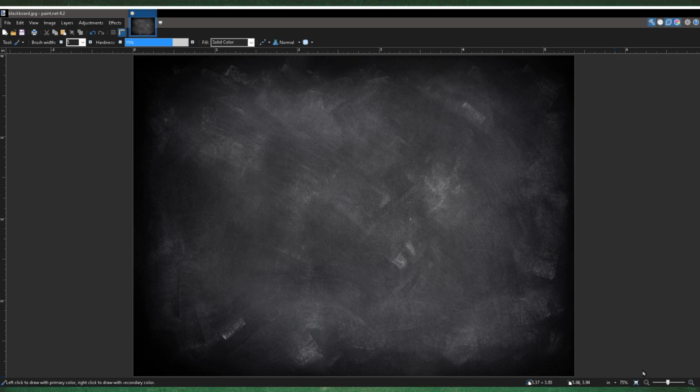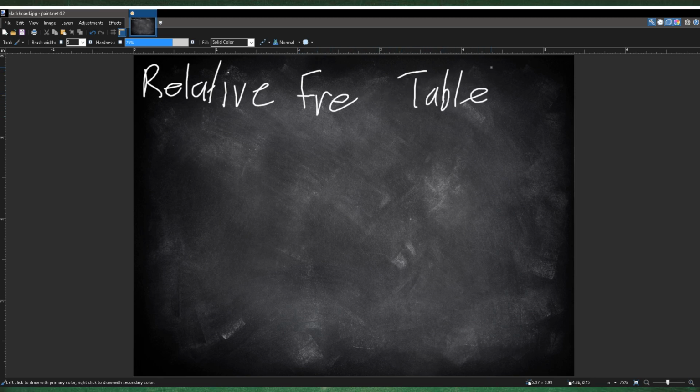And instead of using amounts, the next chart that we use is called a relative frequency table. Okay. So we have the chart back again.